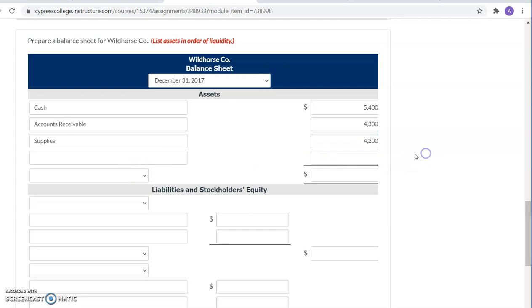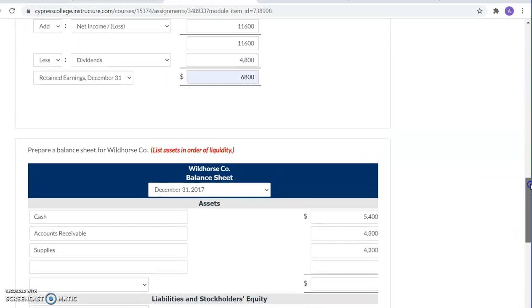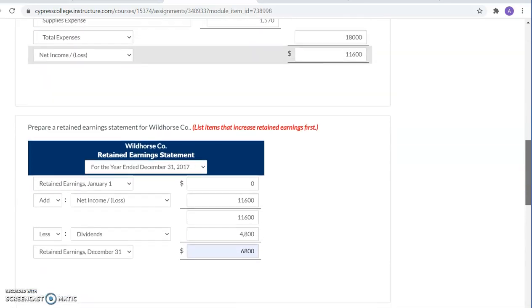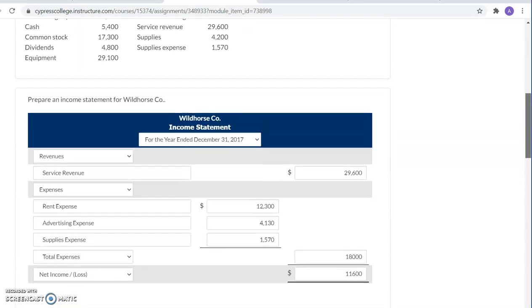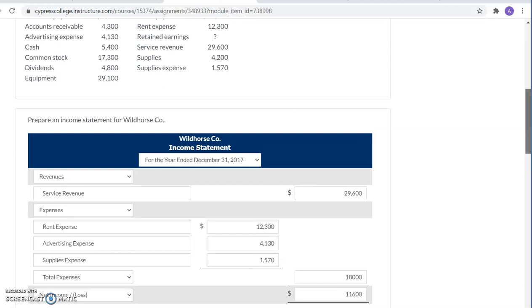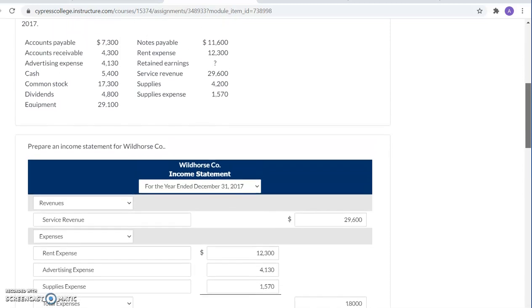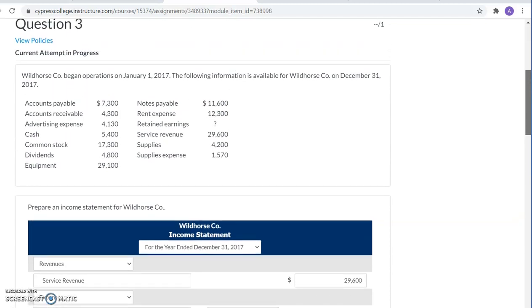And the supplies are the resources that a company has access to, and they have not been used yet. The supplies expense represents the supplies that have already been used and consumed. So you'll remember from our income statement, we had supplies expense. Those are those supplies that we no longer have because we've used them up.